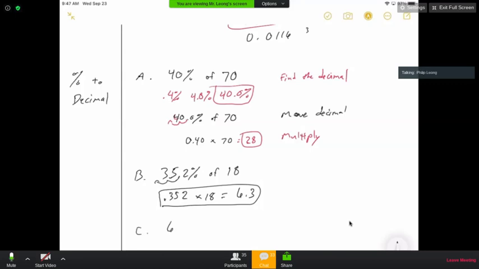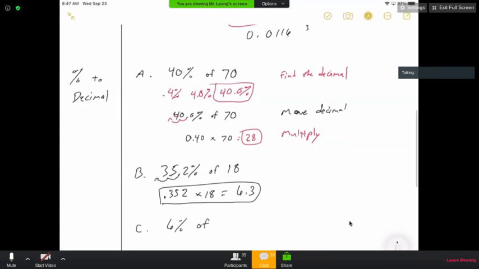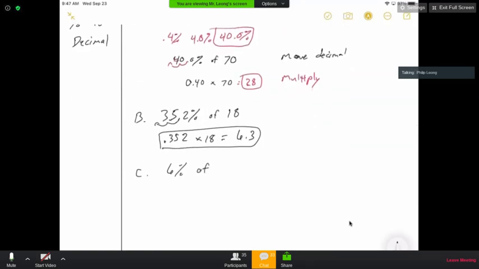How about this one? 6% of 25. Why don't you put in the chat what you got there?